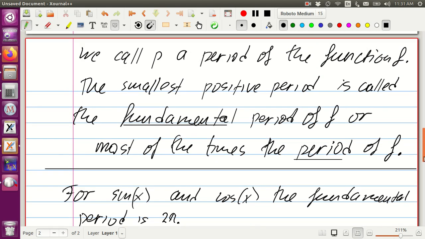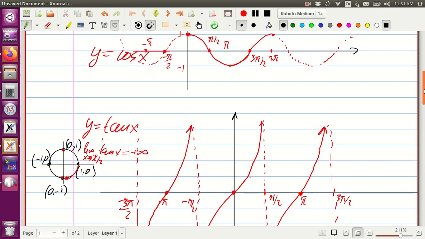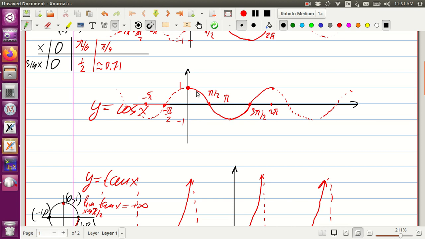And let's look at the picture for pi first. You see, if we move pi units to the right, pi units to the right, pi units to the right, we get the same y value. If you draw a line like this, you see that they match up. All right, for sine and cosine, it's 2 pi. So if you go here, you get it here. You get it here, it's just in 2 pi.